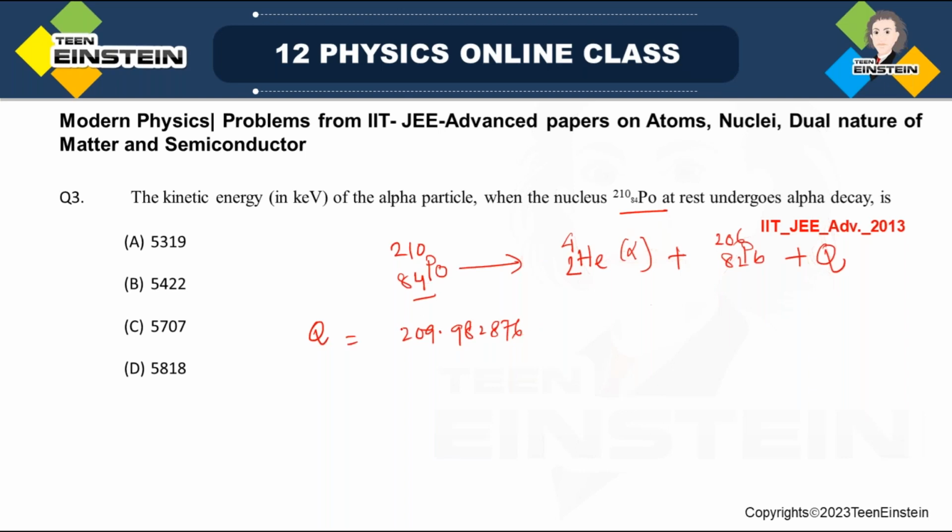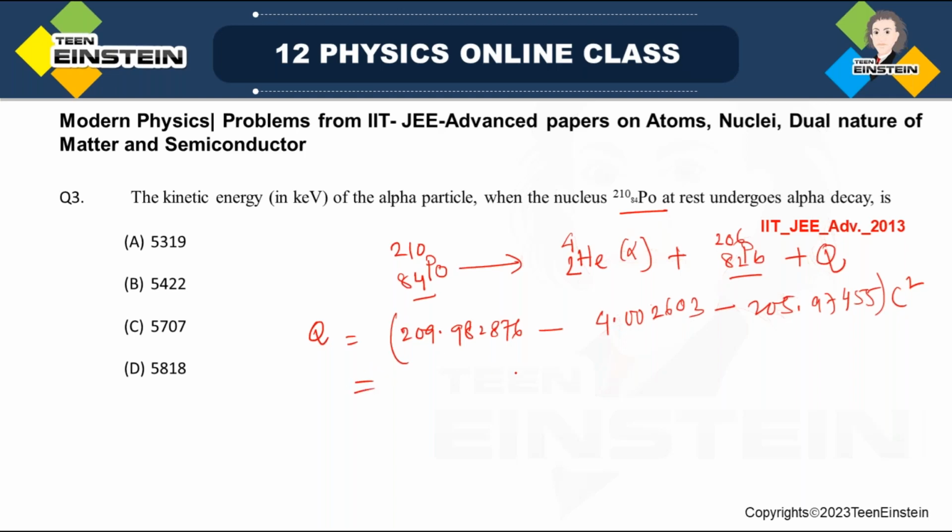So actually the Q value is nothing but the mass defect into c square. This alpha particle has a mass of 4.002603 and this lead has mass 205.97455, into c square. So this is the mass defect into c square. That will give you the Q value.